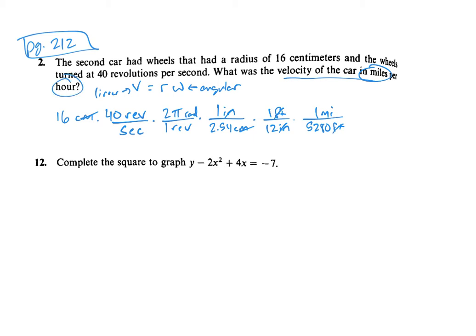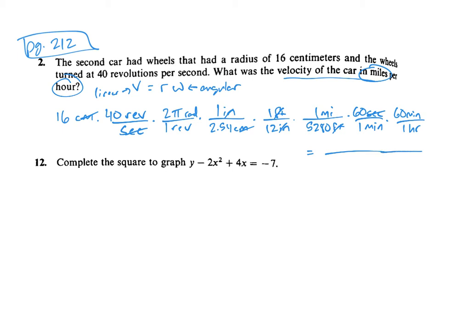The other unit that I need in my answer is hours. Right now I have seconds, so I need a conversion factor that goes from seconds to minutes, with seconds on the top to cancel out the seconds on the bottom, and then from minutes to hours. And then the question on the test just has you leave it as a big fraction, kind of like we've been seeing in the answer key.